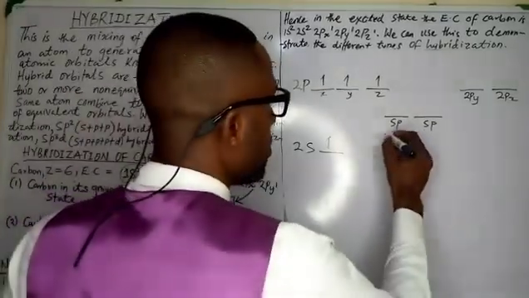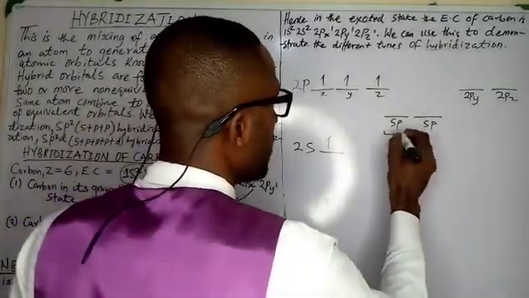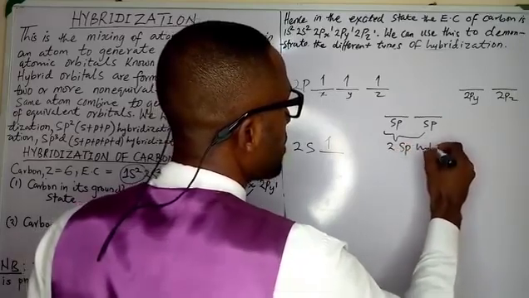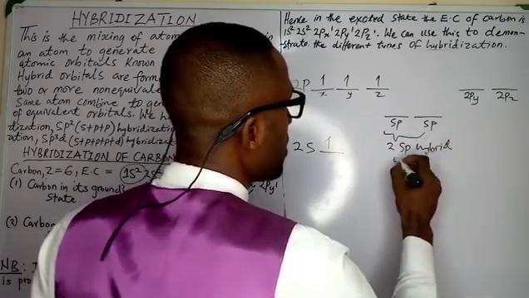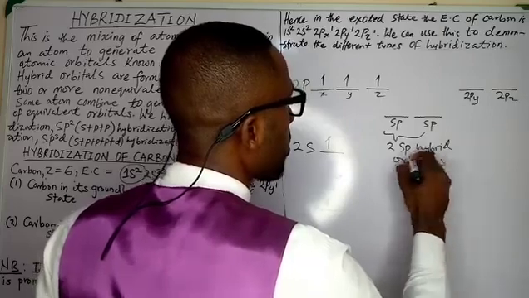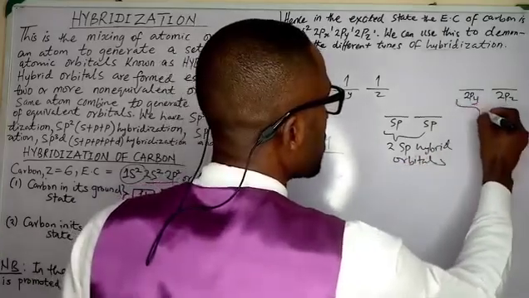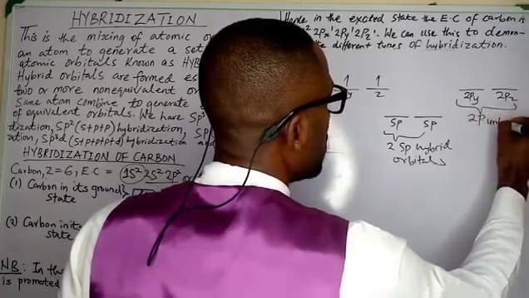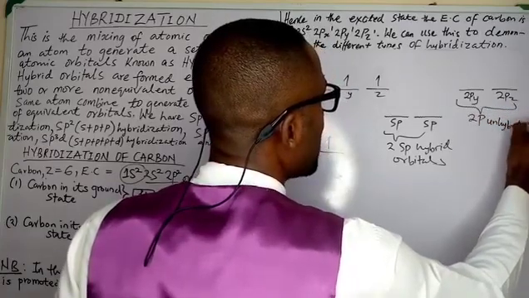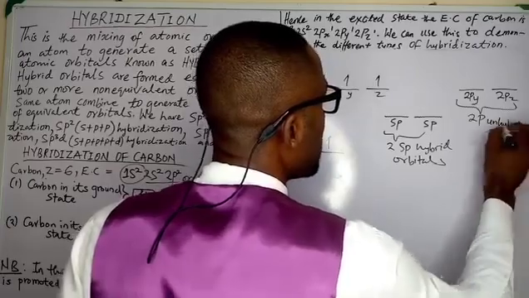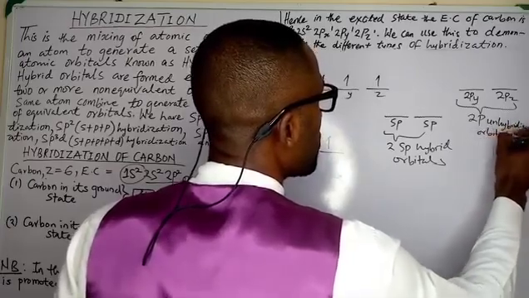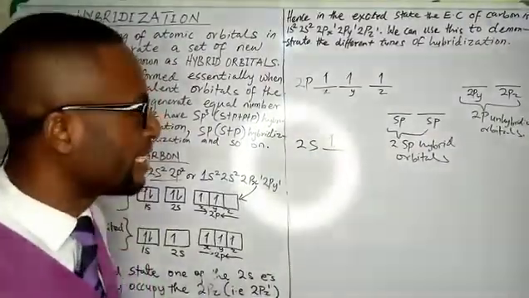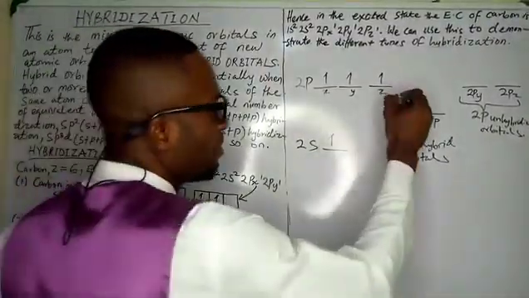So what do you have now? You have two sp hybrid orbitals and two 2p unhybridized orbitals.